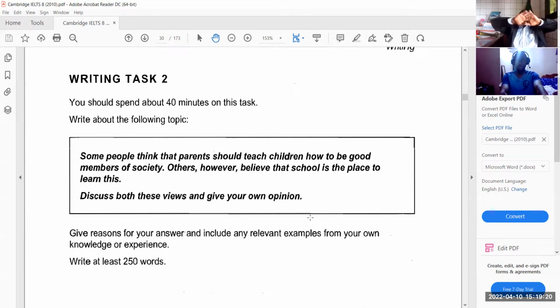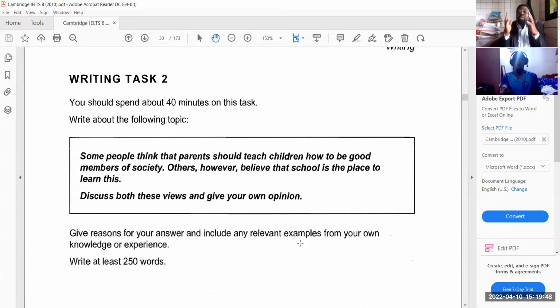So they have already told you about two sides. You need to look for a topic, not even a topic sentence yet, but you need to separate. And then below, never forget this place under: give reasons for your answer and include any relevant examples from your own knowledge or experience.